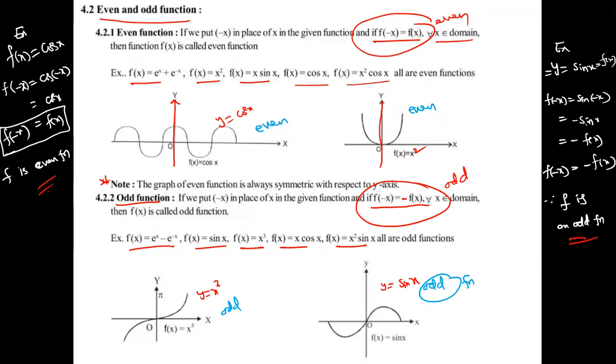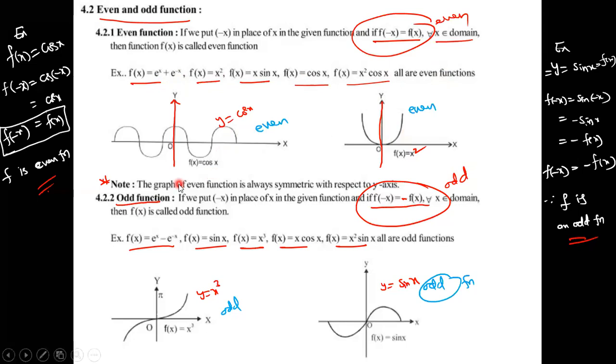Okay. Just a minute, I'm taking annotations. This is the main one: f of x is equal to e power x plus e power minus x. These are the examples for even functions. Okay, see the graphs. What is the odd function?